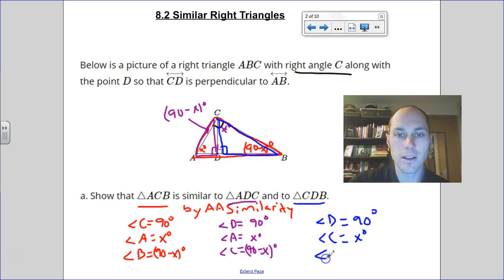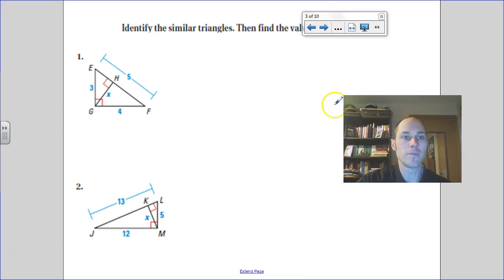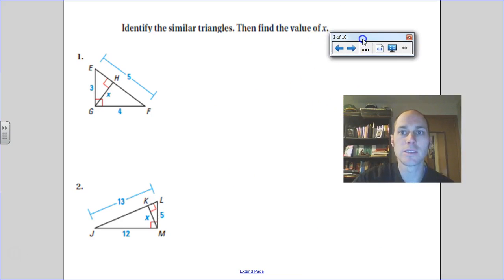And then angle B is shared, so that would be 90 minus X degrees. Okay, so we can see by angle similarity that those all have to be the same. Now we'll use that as we do some problems to find missing measurements.